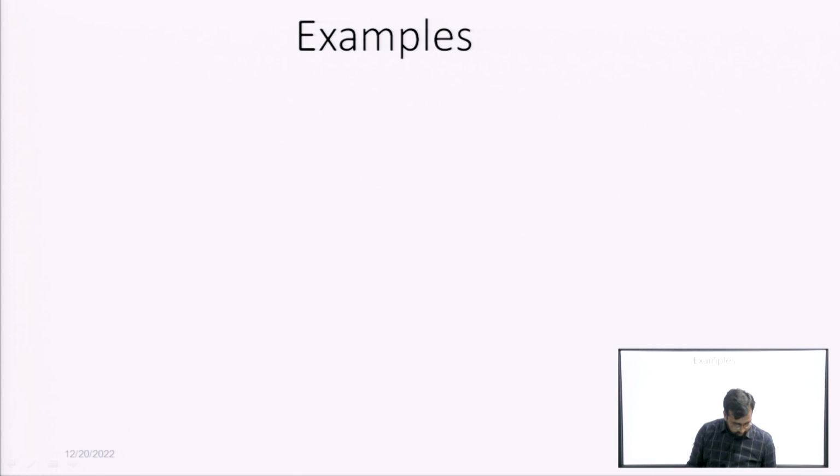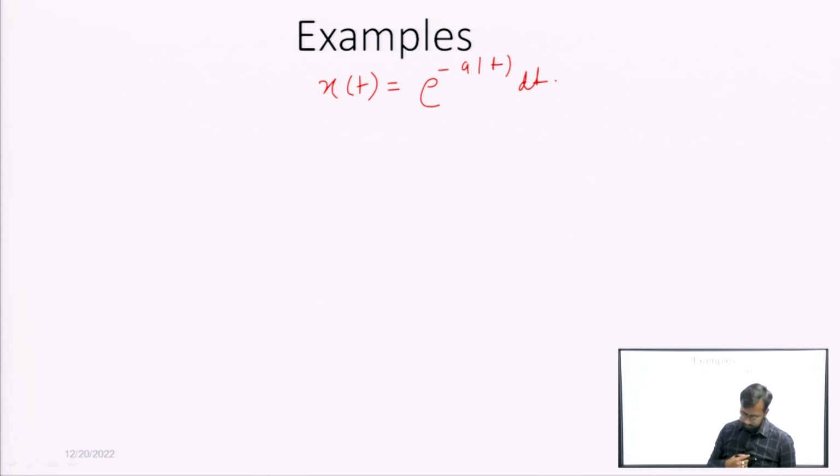The next function is x(t) equal to e to the power minus a modulus t. Suppose this is the function. If we are required to solve this, here also we have the condition a greater than 0.